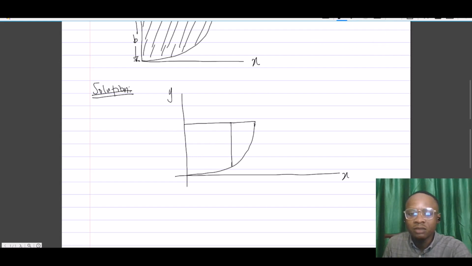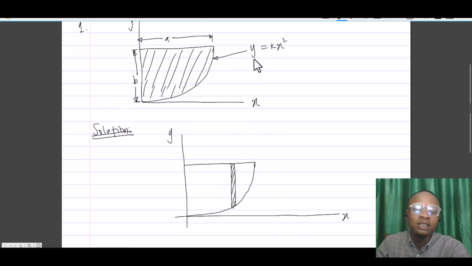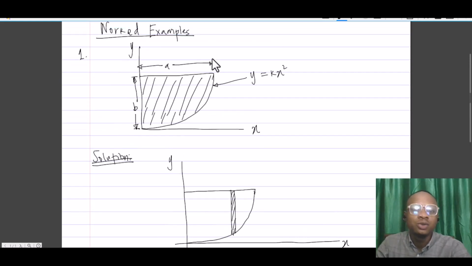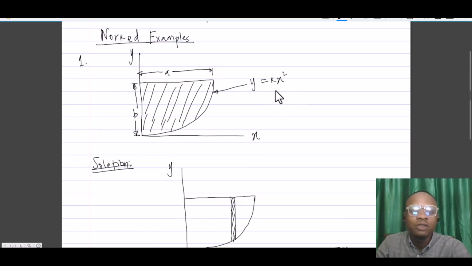I'm going to use the vertical strip that we're defining now for both of them, both the moment of inertia about the x-axis and the moment of inertia about the y-axis. So first and foremost, when you have a situation like this where you have the equation of some curve on that area given, the first thing you should do, if the equation involves some constant, is evaluate the constant first.